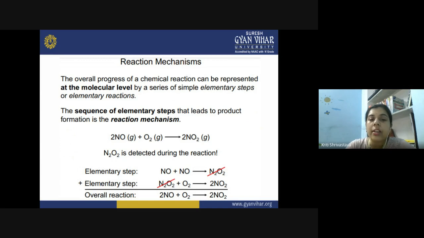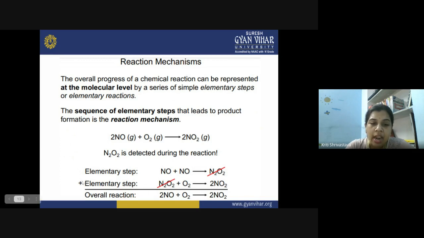So let us see what the possible elementary steps are here. The first step would be the combination of two NO molecules to form N2O2. In the second step, this N2O2 combines with O2 to give two molecules of NO2.